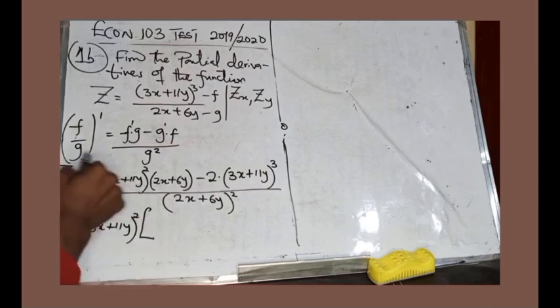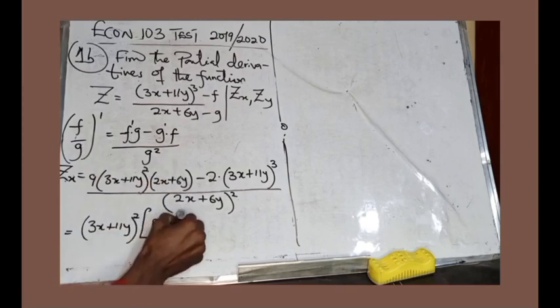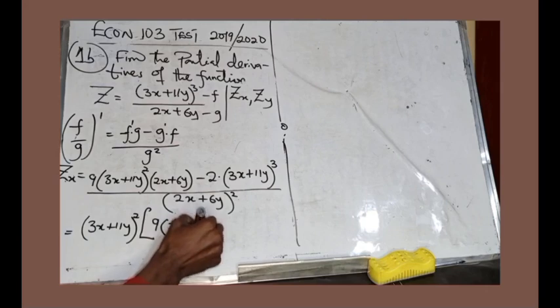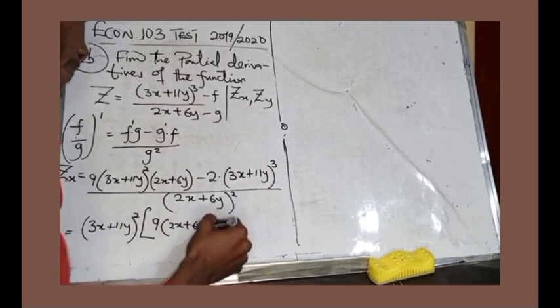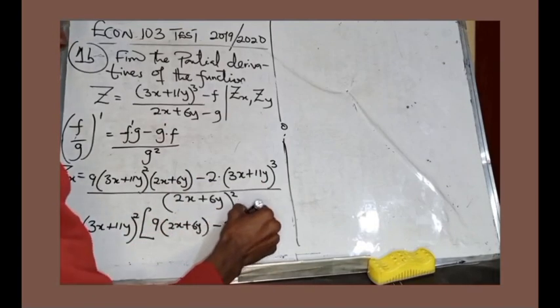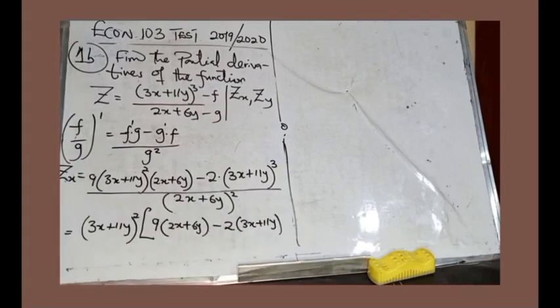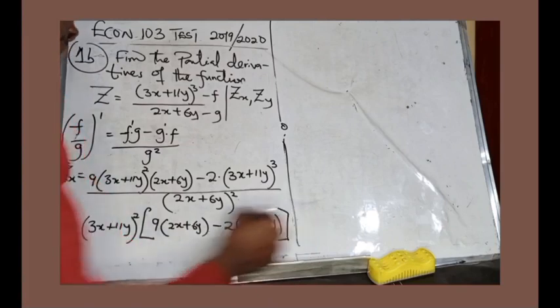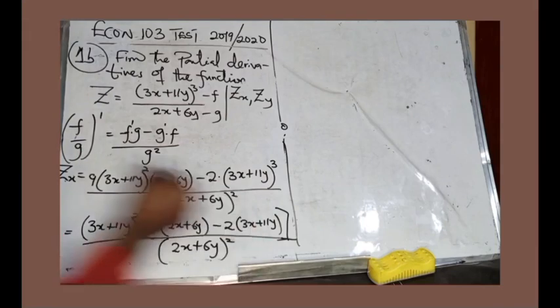Then open bracket, this is 9, I can drop 9 here, open bracket, drop 2x plus 6y. Now minus, what do I have here? This is off already, so I should be having just 2 open bracket 3x plus 11y. Then all over 2x plus 6y all square.